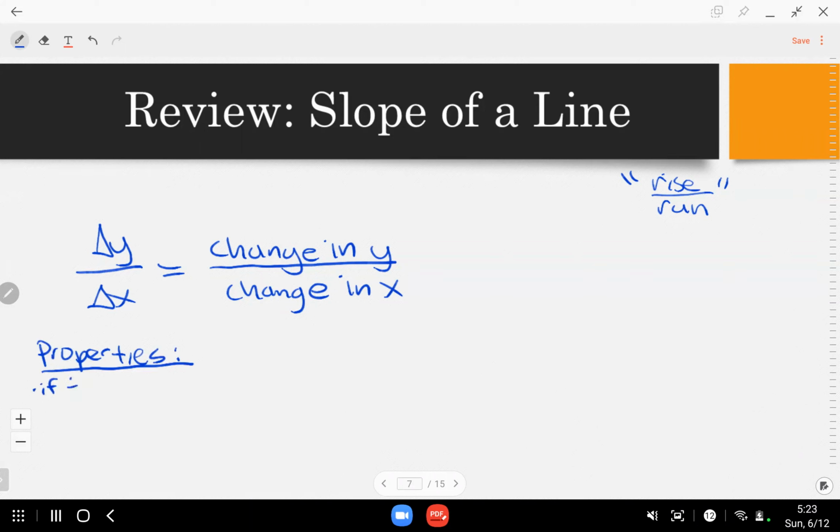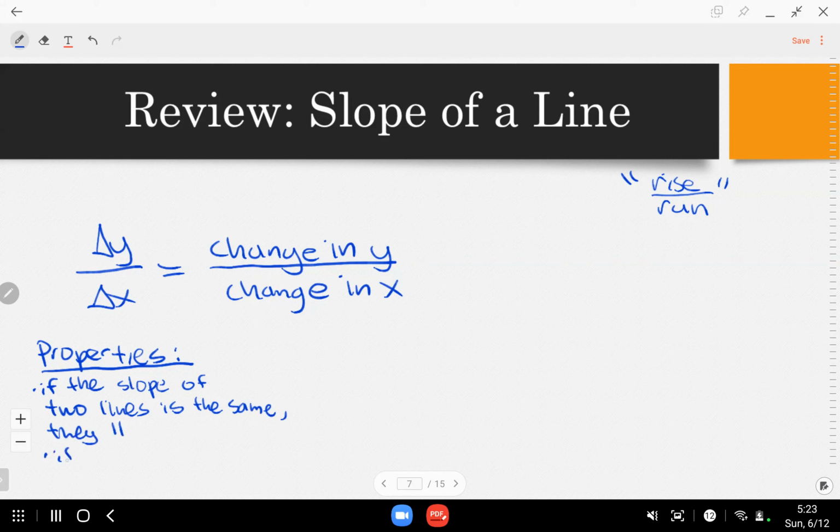If the slopes of two lines are the same, they are what? They are parallel, right?